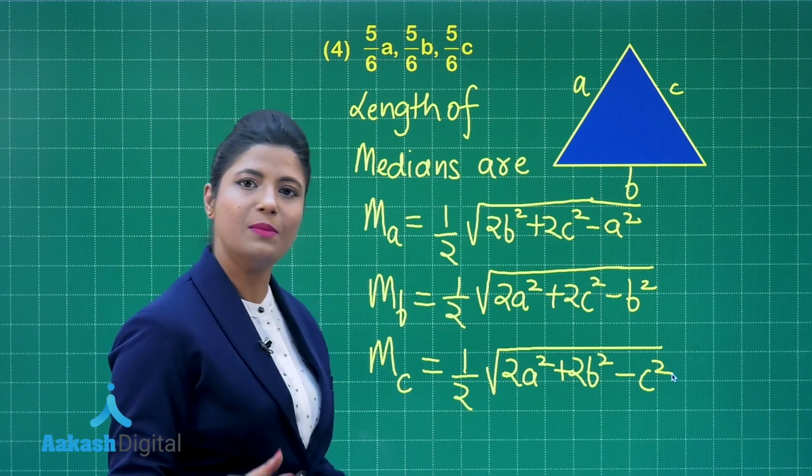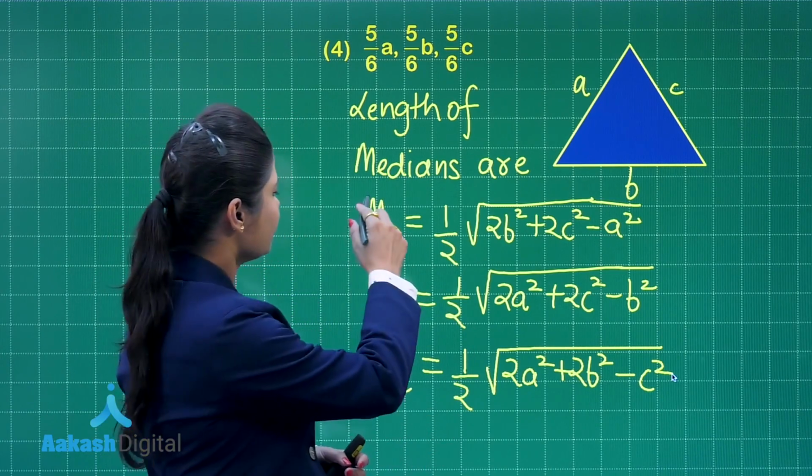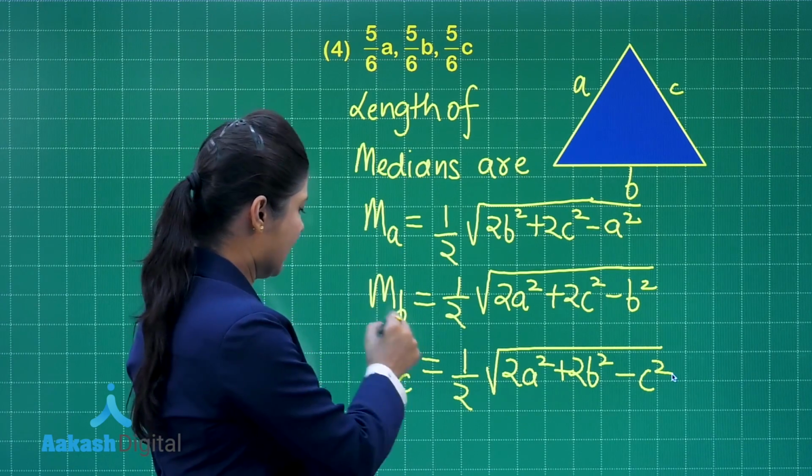So, if a triangle is formed by the medians of the triangle ABC, its sides will be given by m_a, m_b, m_c.